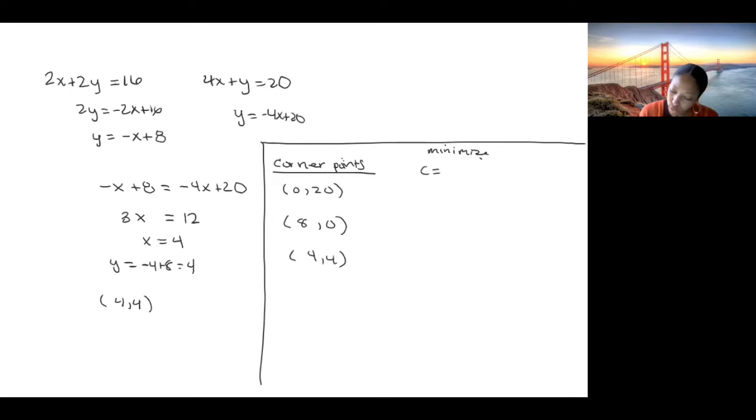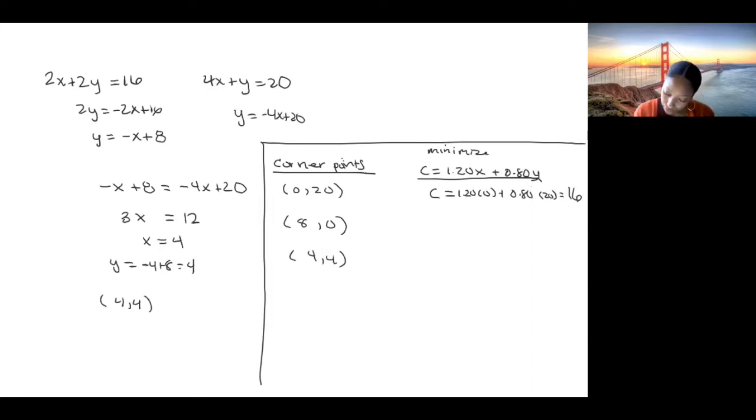C equals 1.20x plus 0.80y. All right, let's plug these in. So for the first one, 0, 20, that'll be 1.20 times 0 plus 0.80 times 20. And 0.8 times 20 is 16.